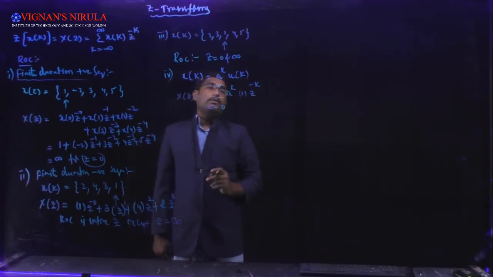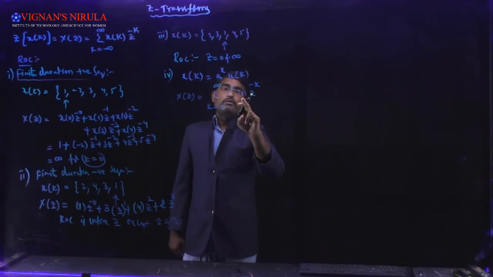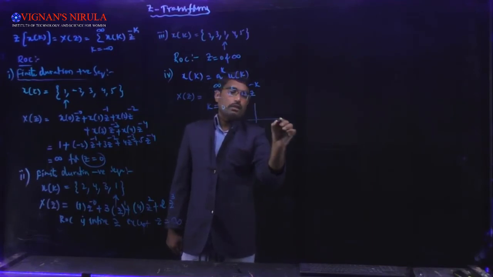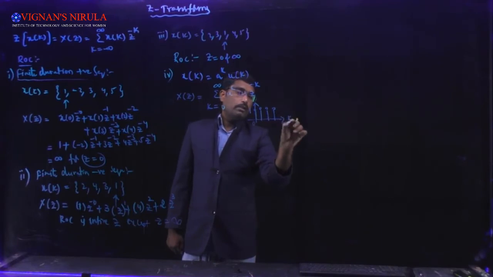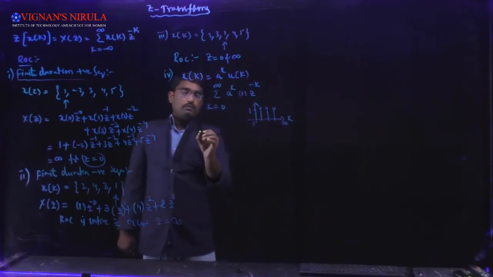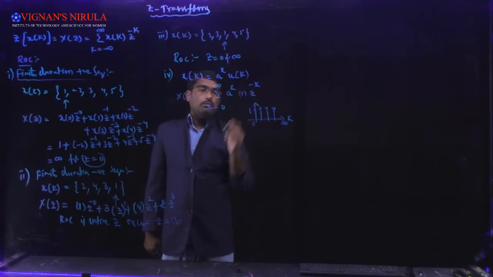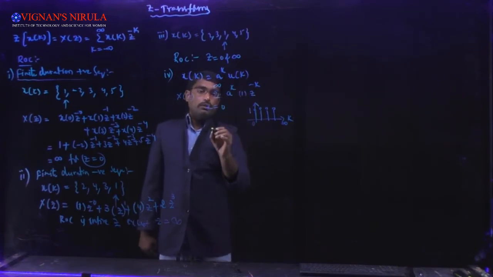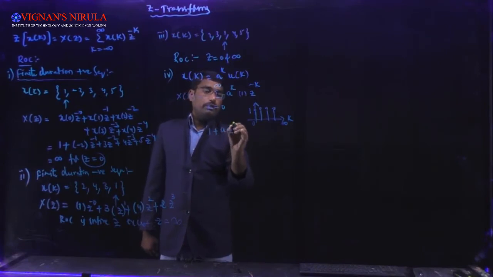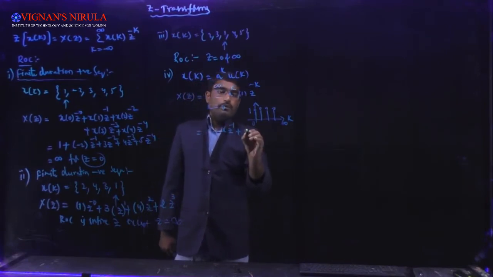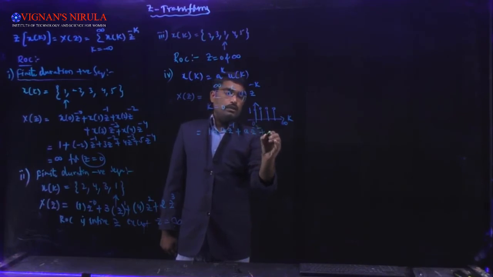The unit step sequence has amplitude 1, and it has a value of 1 only from 0 to infinity. If you draw the sequence, this is the unit step sequence having a value of 1 for values of k from 0 to infinity. Now by putting all these sample values, for k equals 0 it will be 1, for k equals 1 it is a into z inverse, for k equals 2 it is a into z power minus 2, for k equals 3 a into z power minus 3, and so on.